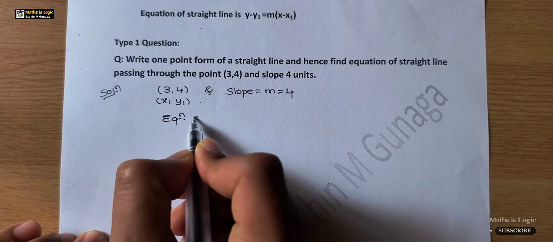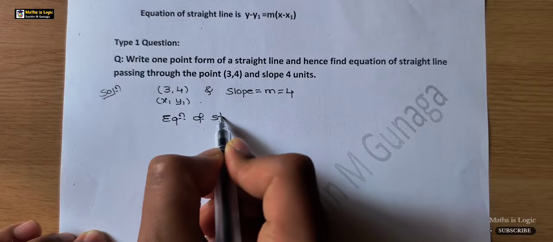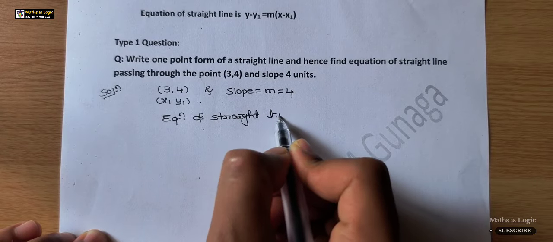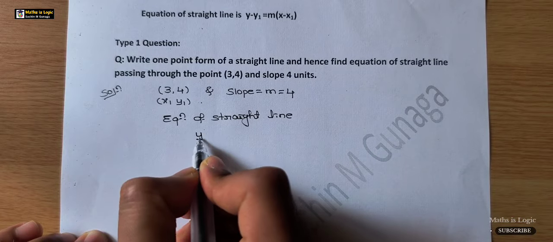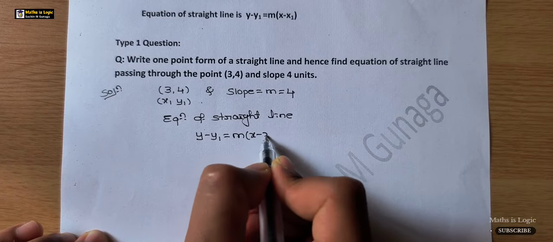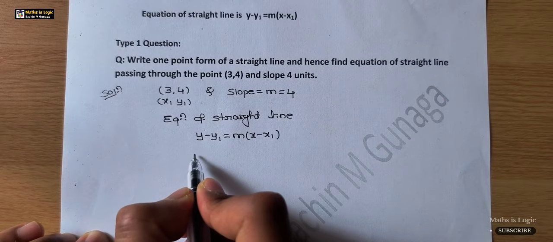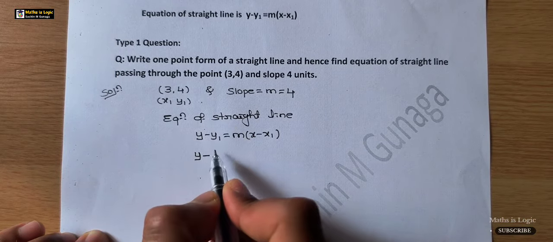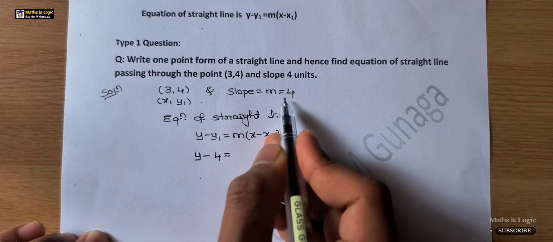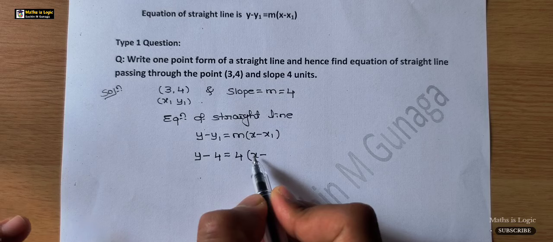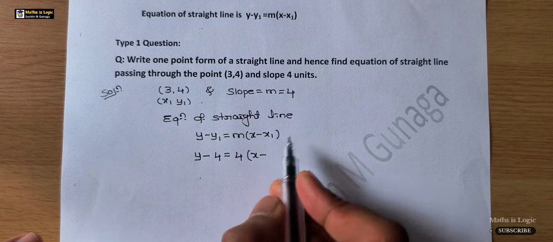Next, write the formula. Therefore, the equation of the straight line formula is y minus y1 equals m into bracket x minus x1. Next, substitute the points. y minus, keep it as it is, y1 is 4, equals m is 4 into bracket x minus, keep it as it is, x1 value is 3.